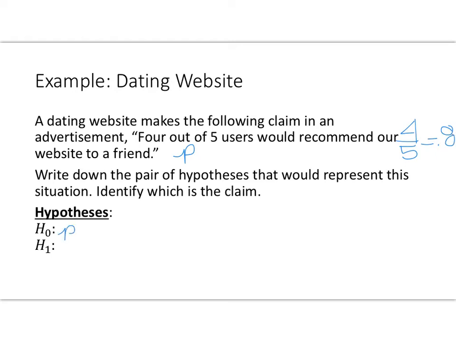So P is equal to 0.8. Our alternative will be P is not equal to 0.8. And because this tells us that 4 out of the 5 would recommend, our claim is our null.